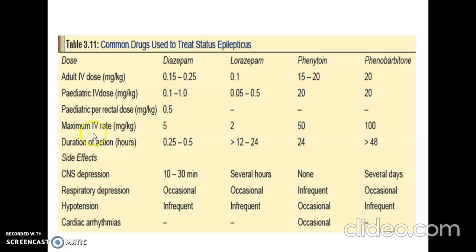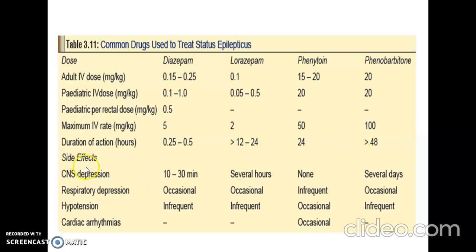The maximum IV rate of each drug: diazepam 5, lorazepam 2, phenytoin 50, phenobarbital 100 mg per minute. Coming to the duration of action in hours: diazepam 0.25 to 0.5, lorazepam more than 12 to 24 hours, phenytoin 24 hours, whereas phenobarbital is more than 48 hours.